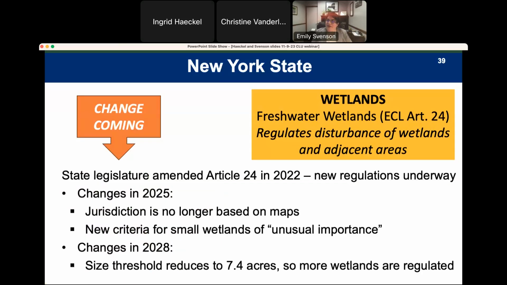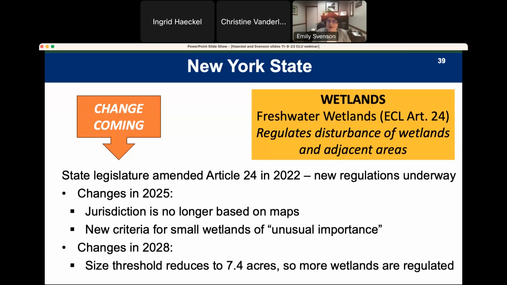So the state legislature amended the statute in 2022. And the new regulations are underway, and so there will be changes rolling out over the next few years. Just to clarify, the statute was changed, but the changes to the regulations are still underway. We're expecting the regulations to come out in draft form in the next couple of months.